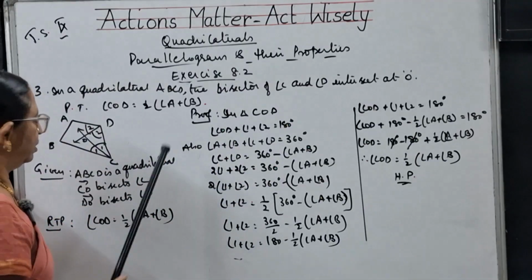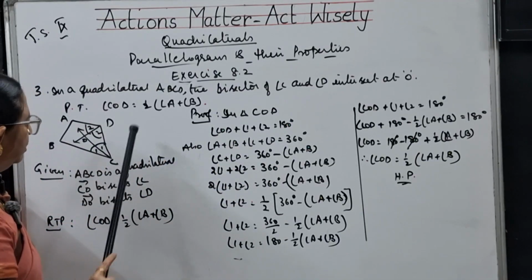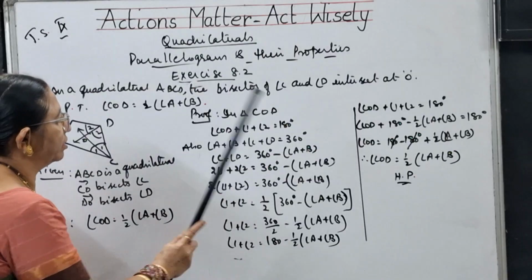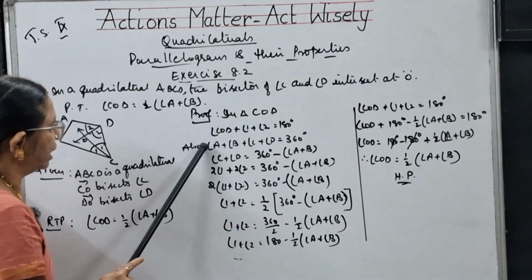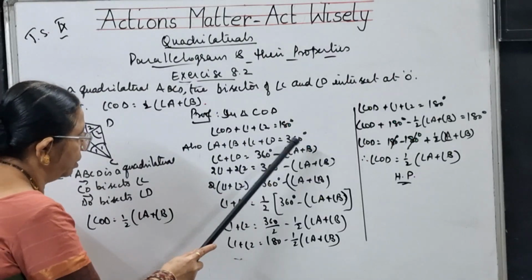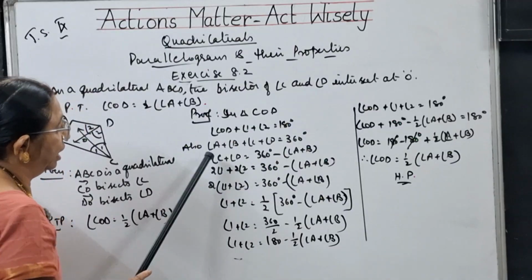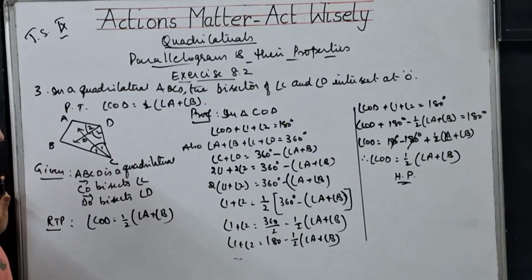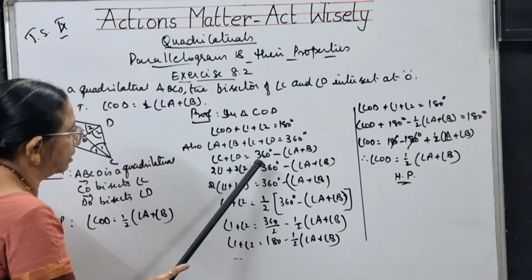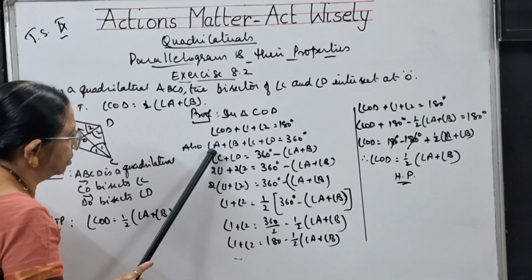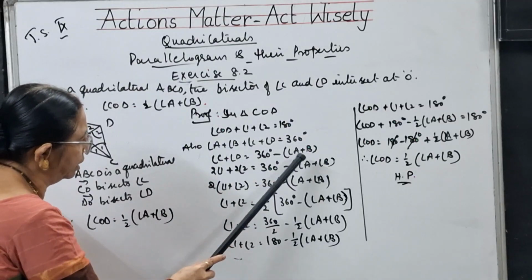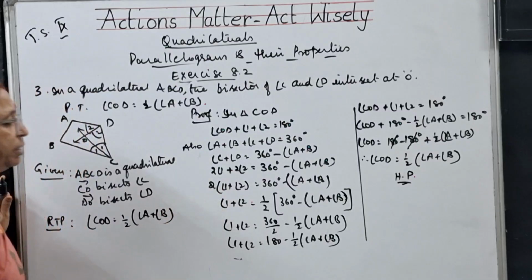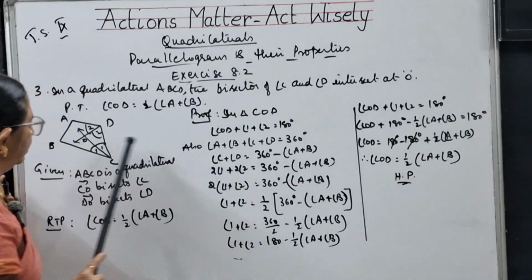This I have written. Now also we know that ABCD is a quadrilateral, so the sum of the angles is 360 degrees. So angle C plus angle D is 360 degrees minus angle A plus angle B, when it goes there. So what is angle C?